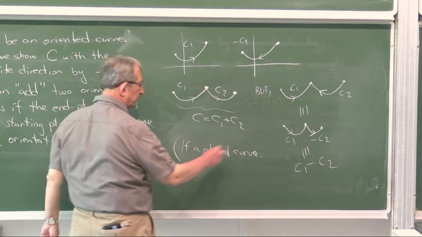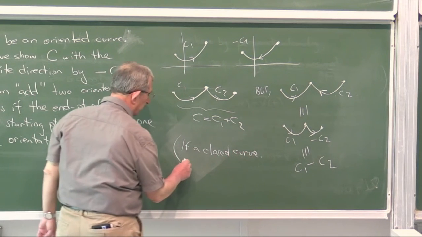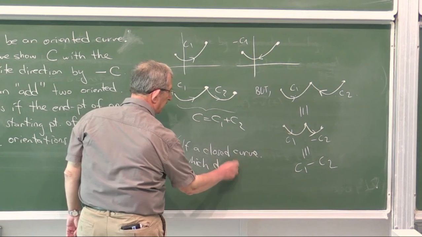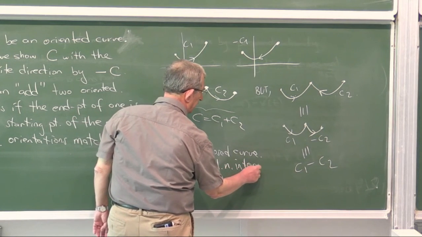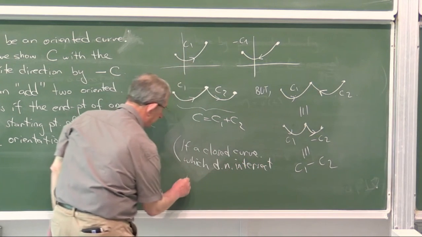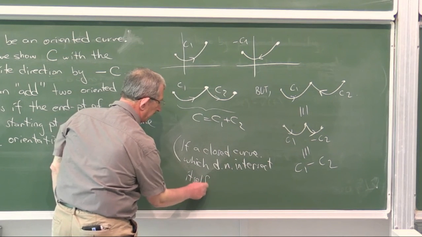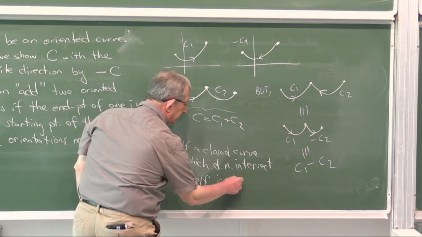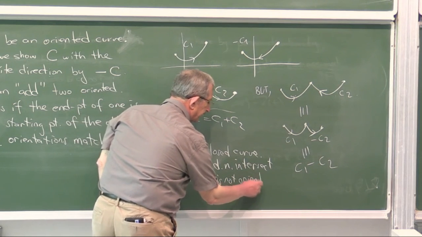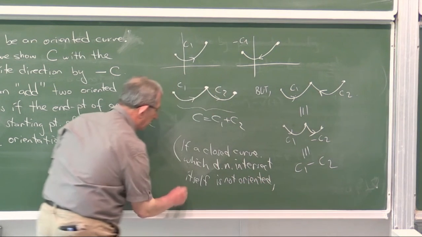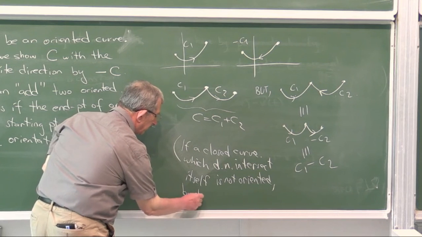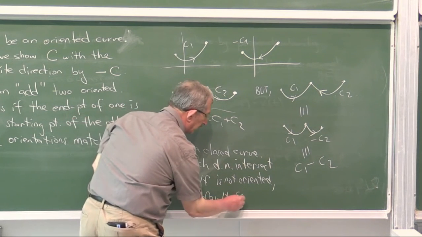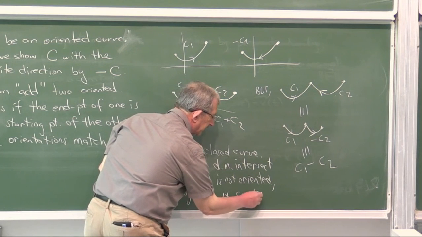If a closed curve, which does not intersect itself, is not oriented, by default, the counterclockwise direction is assigned to it.